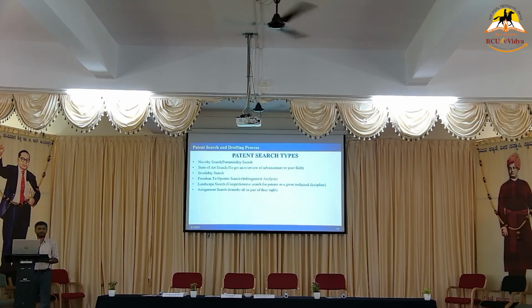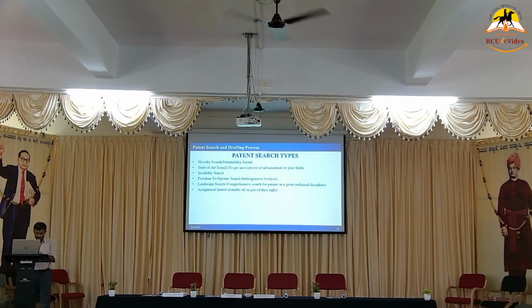Whether it is a novelty search or a patentability search. Whether there is a novelty. If there is a novelty, yes, you are eligible to go for a patent. State of the art search, whether people have done it already, what exactly they have done. All these searches you need to see. Or which field of area, all these things you need to see. Invalidity search.